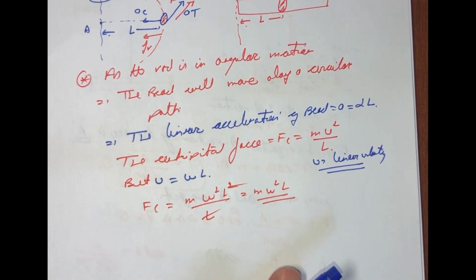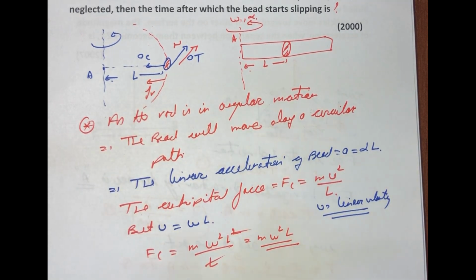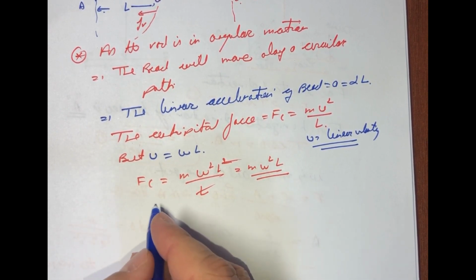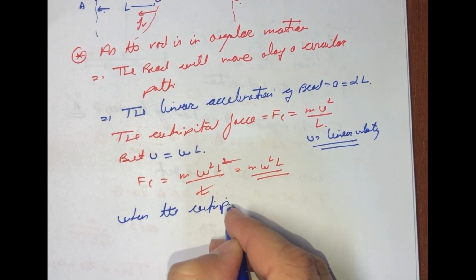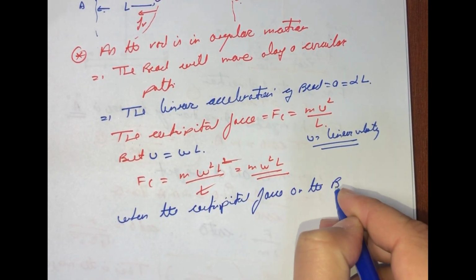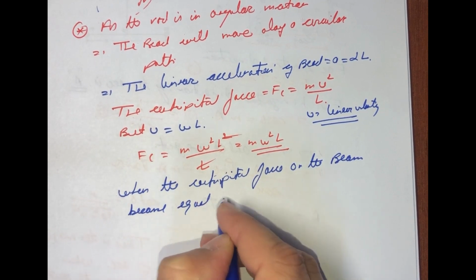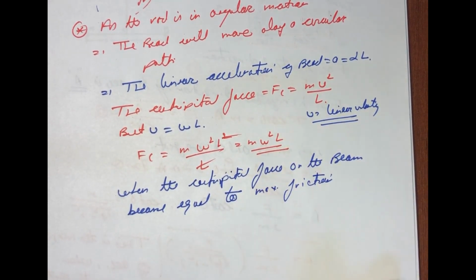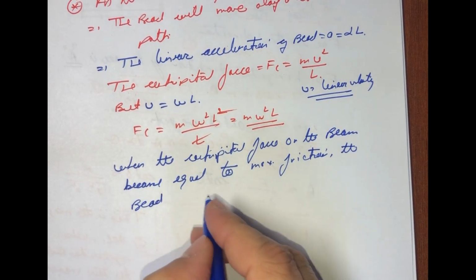Now the slipping is going to start when the centripetal force on the bead becomes equal to the maximum friction, which we can also call the limiting friction, and the bead will slide.